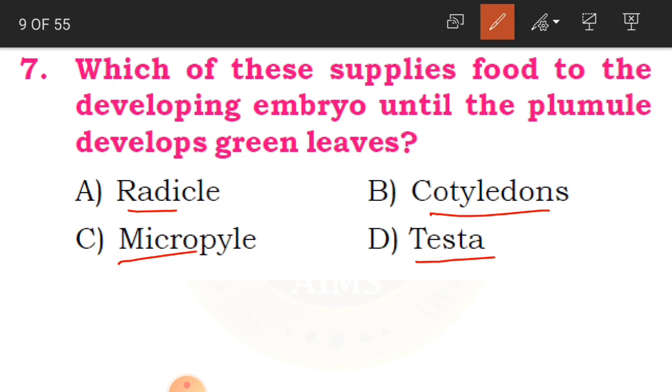According to you, which one is the correct answer, children? Radicle develops the root system. Cotyledons provide food. Micropyle is a small opening for water in a seed. And testa is the outer layer, that is the seed coat.